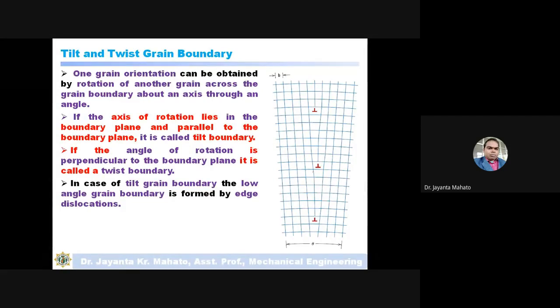Actually there are two types of dislocations that I have told in the previous class: edge dislocation and screw dislocation. So when the low angle grain boundary is formed by edge dislocation arrays, then it is called a tilt grain boundary.